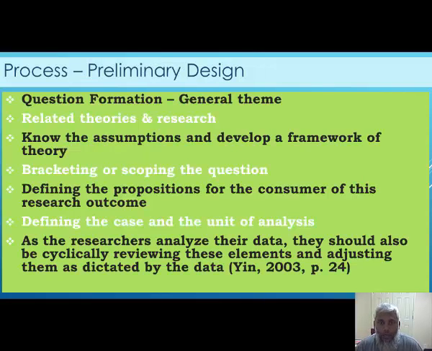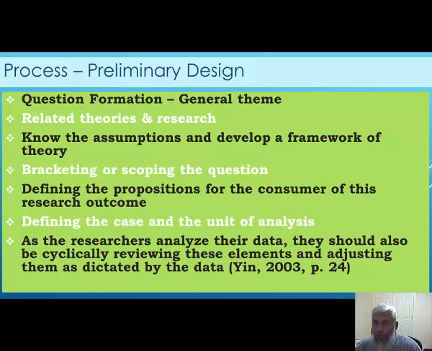Then the researcher needs to know the assumptions, and he or she will have to develop a general framework of the theory. Then comes bracketing or scoping the question so that the research is controllable, and defining the propositions for the consumers of the research so that they have a clear understanding, and defining the case and the unit of analysis.